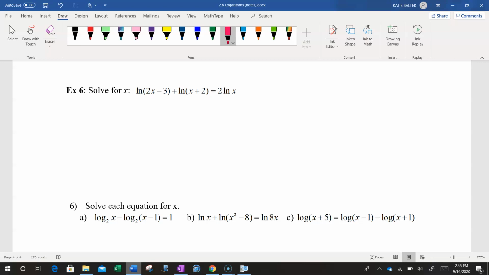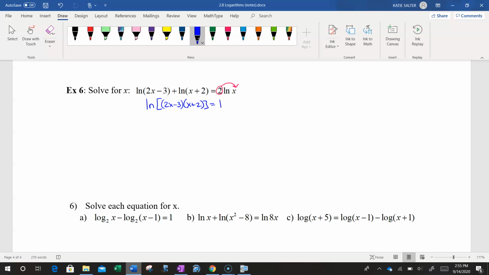So if we look at these natural logs on the left-hand side, they do not have any coefficients. So since this is plus, we can go ahead and join this by multiplying. So we can make this the natural log of 2x minus 3 times x plus 2. Well, when we look at the right-hand side, we do have a coefficient of 2 right here, so we have to pop that back up as the power.